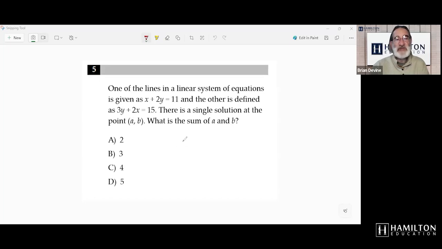I'll take the first line, and I could say that A plus 2B equals 11. And then the next line, I'm going to put it in the same order. I'm going to plug A in for x. So 2A plus 3B would equal 15.